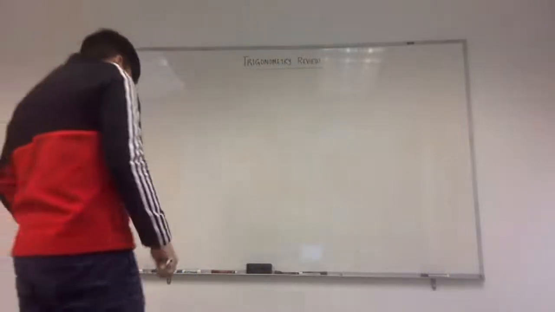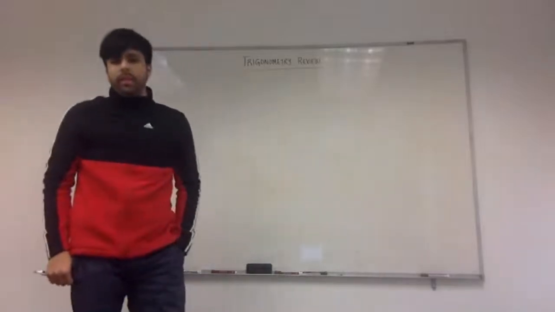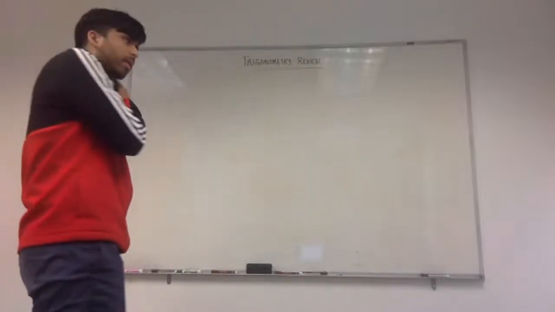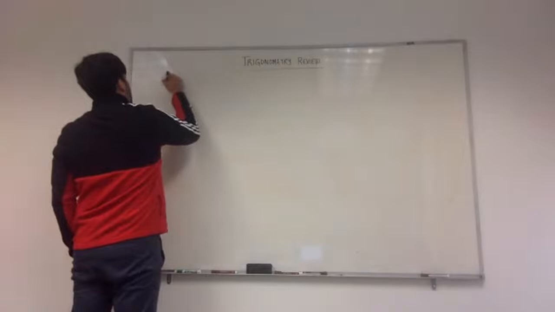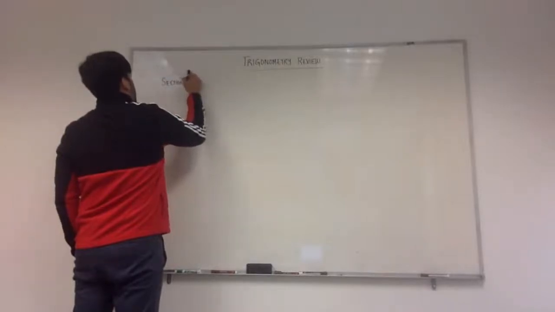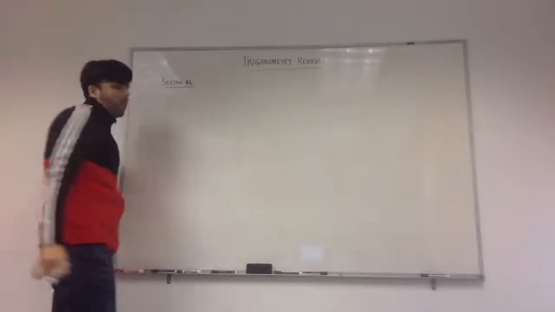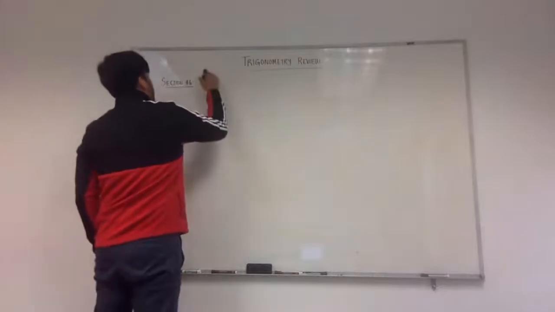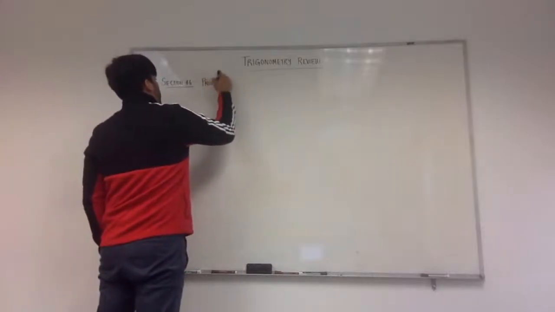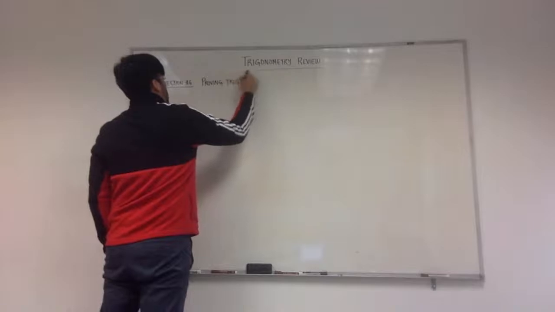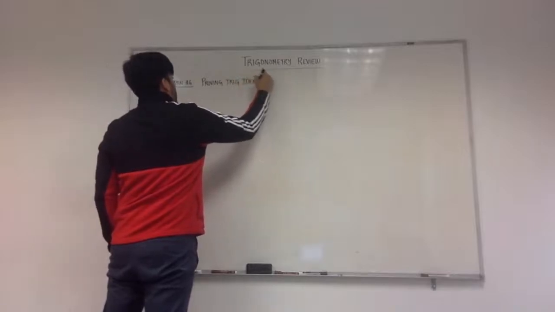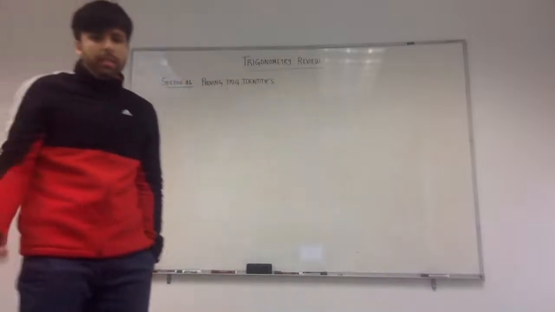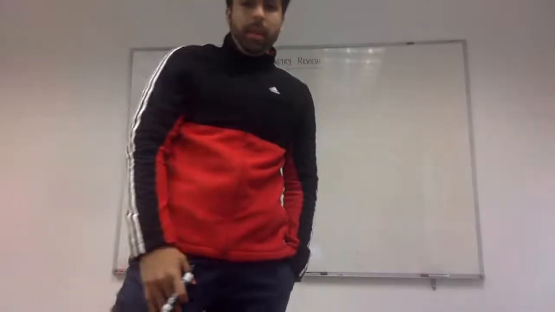So why don't we look at how to prove trig identities first. In your review sheet, it's section number 6. So we're going to prove trig identities, and there's many to choose from here.